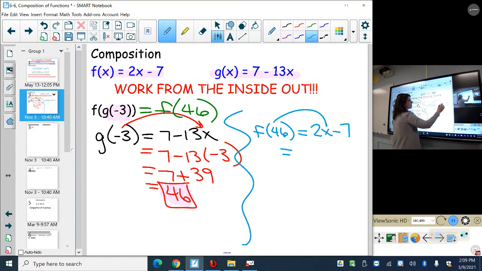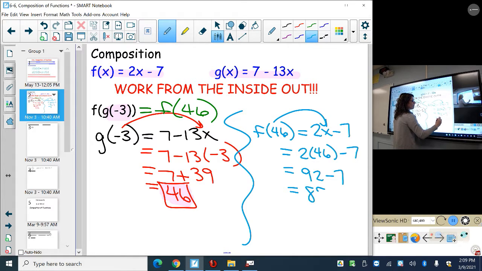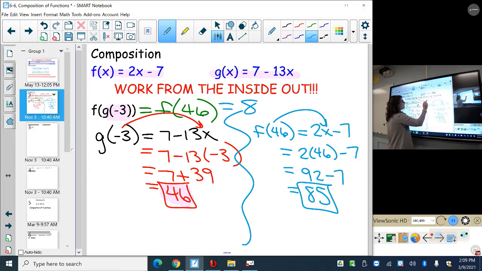So every place I see an x, I'm going to plug in 46. 2 times 46 minus 7, that's 92 minus 7. 92 minus 7 is going to give you an 85. So that means f at g at negative 3 is the same thing as f at 46, and f at 46 is the same thing as 85. And you are done.